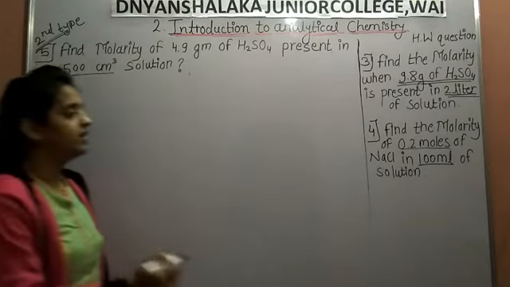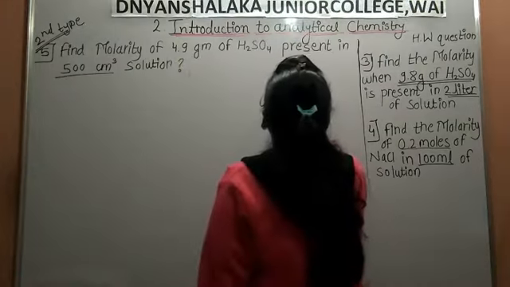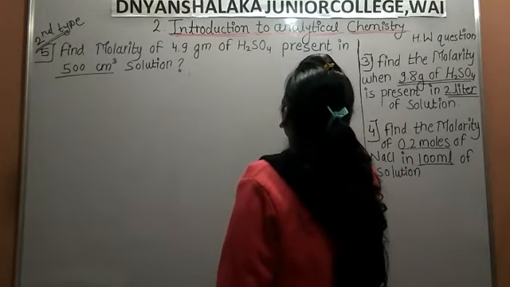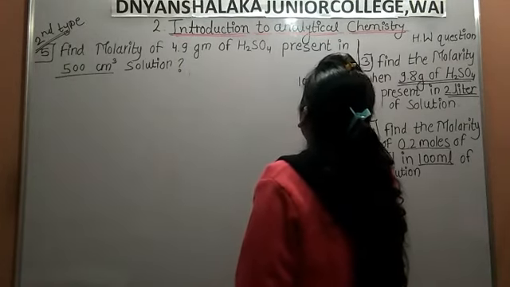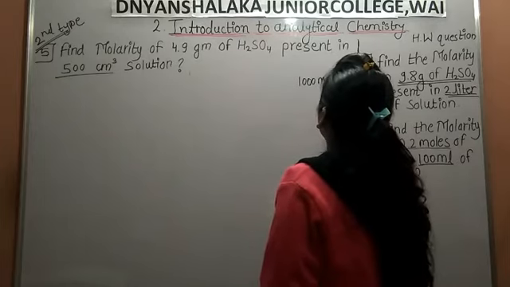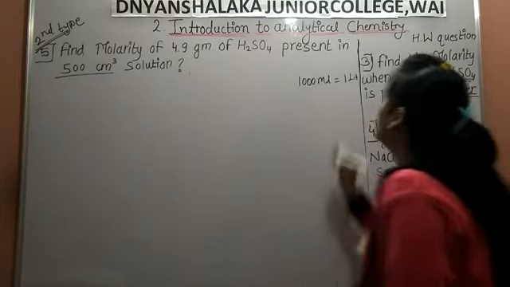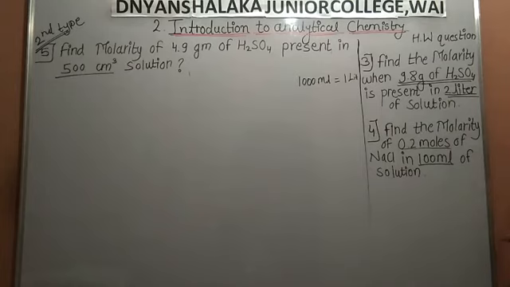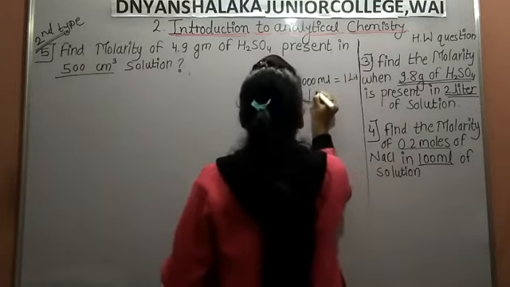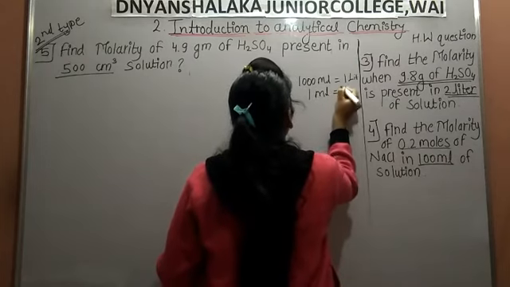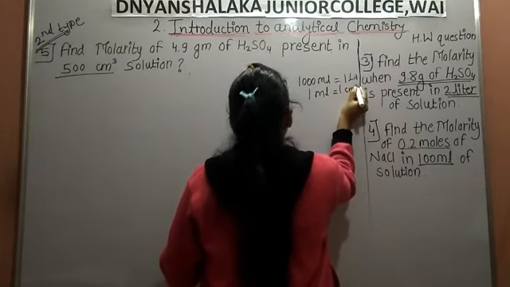The first relation is 1000 ml equals 1 liter of solution. Next we use 1 ml equals 1 cm³ of solution.